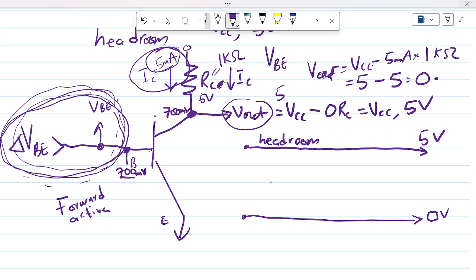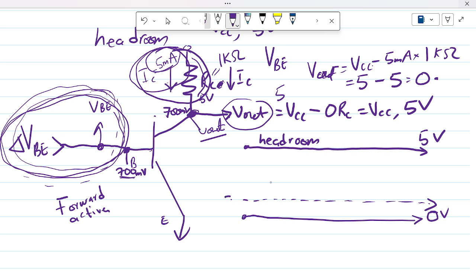So effectively, our available headroom is such that we do not want this voltage drop to be beyond that, because as the voltage drop causes the V out to go below 700 millivolts, then our device is gradually moving into saturation.